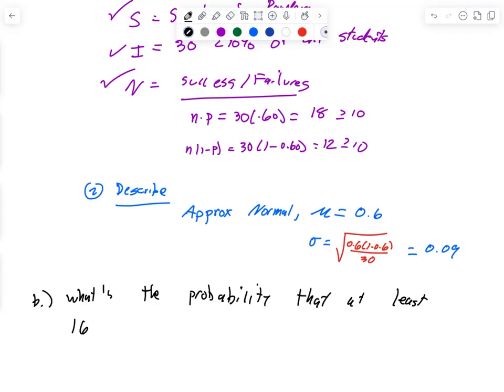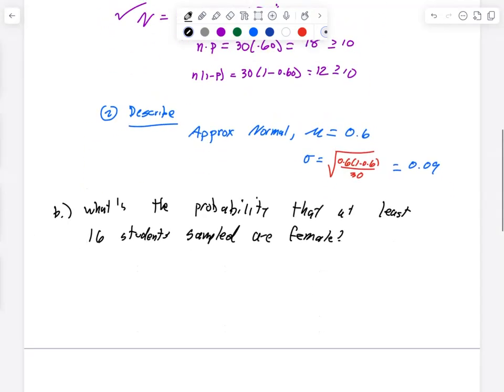Now, we got to be careful here. What's different on this problem is I said 16, but we need to find p hat. So it's 16 over what? 16 out of 30. So what percent is 16 out of 30?